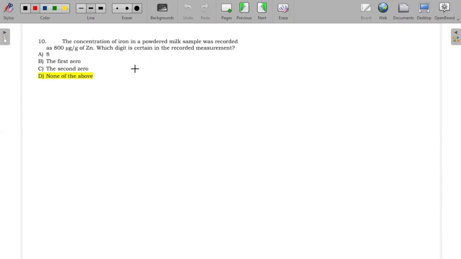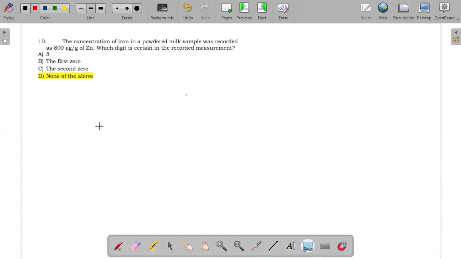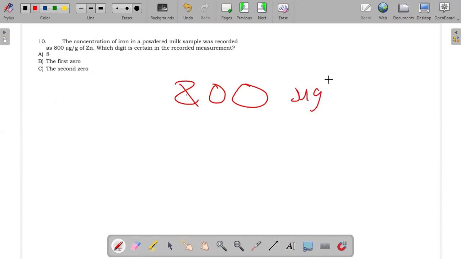Okay, next, this one is very nice. So here they're saying the concentration of iron in a powdered milk sample was recorded as 800 milligrams per gram.